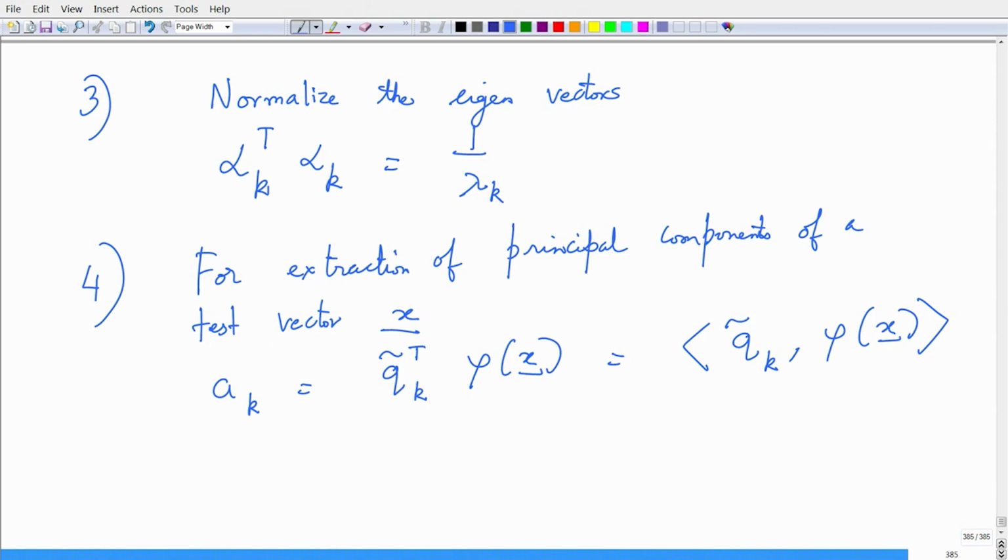So, this completes the details, but you may question what is the need for kernel PCA and what it actually does. For example, in the data space or the input space, depending upon my measurements, my coordinates have a physical meaning.